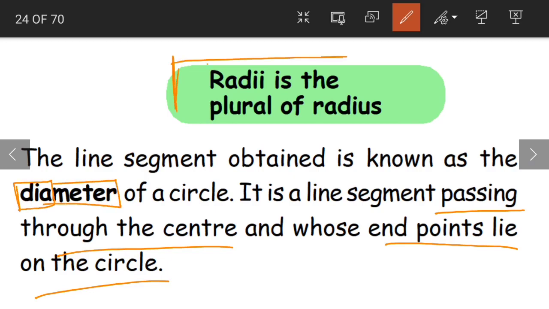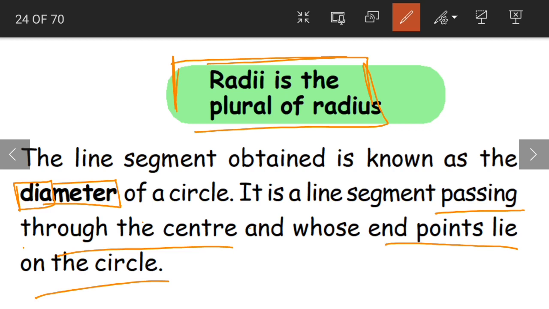And what is the note given here? Radii is the plural of radius. We have learnt about radius, right? It is a line segment joining the center of the circle and any point on the circle. So when we have many radius, we call them radii. Plural is radii, singular is radius. Now coming to the diameter again, what are the two conditions?